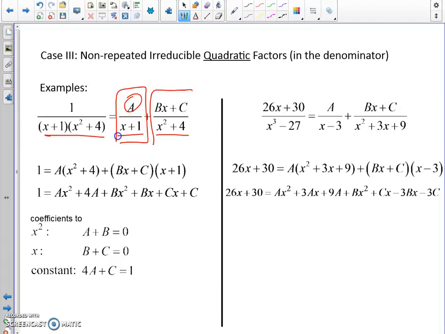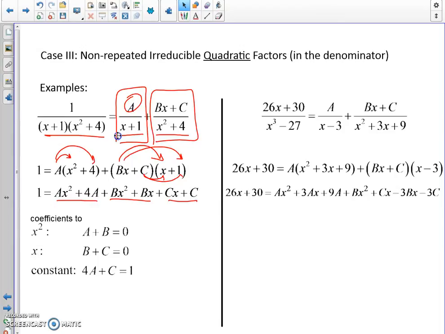Now this term multiplied by that common denominator leaves me needing to multiply the numerator bx plus c by the quantity x plus 1. I've got that set up, and then I'm going to distribute, which leaves me here with ax squared plus 4a. You can see I have bx squared plus bx and cx plus c.